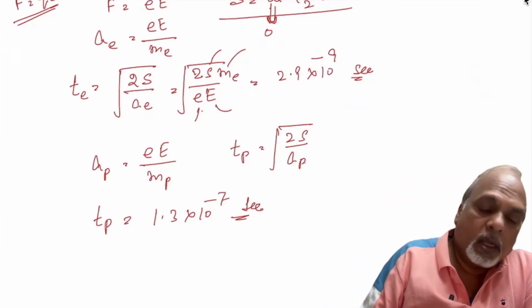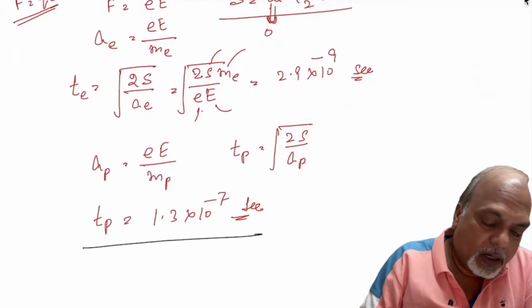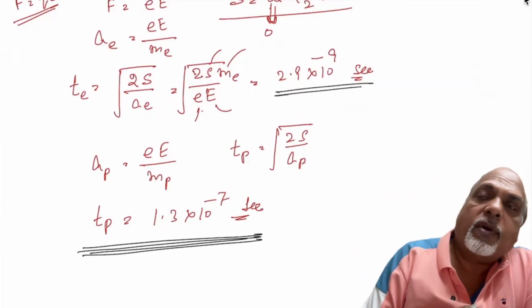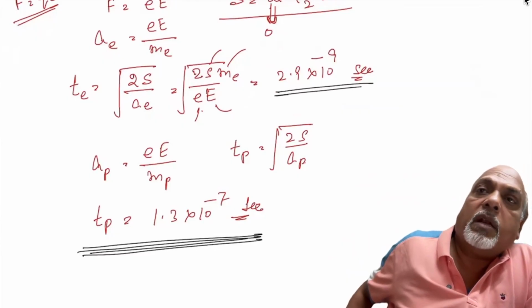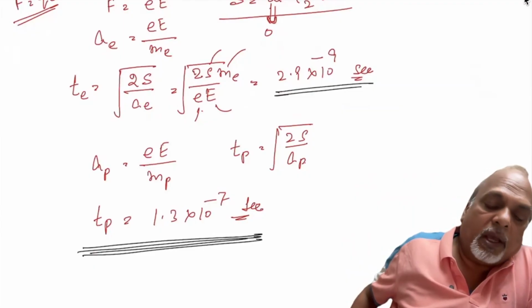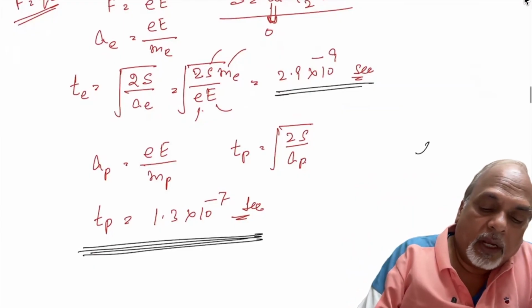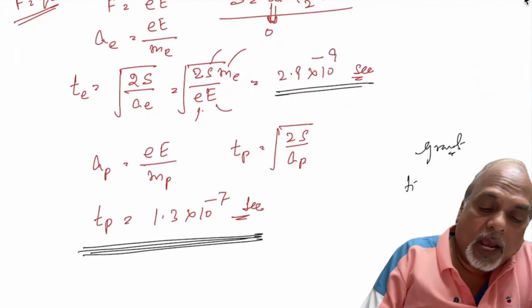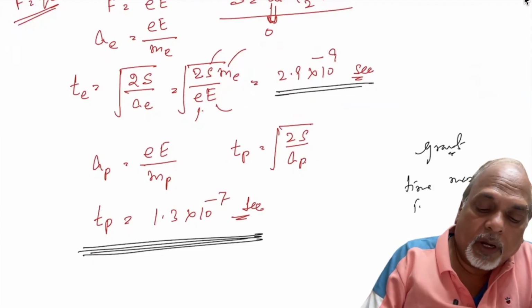The proton is a heavier particle. It is taking more time than the electron, first of all. That means here the time is dependent on the mass, whereas in gravity, time is mass independent.